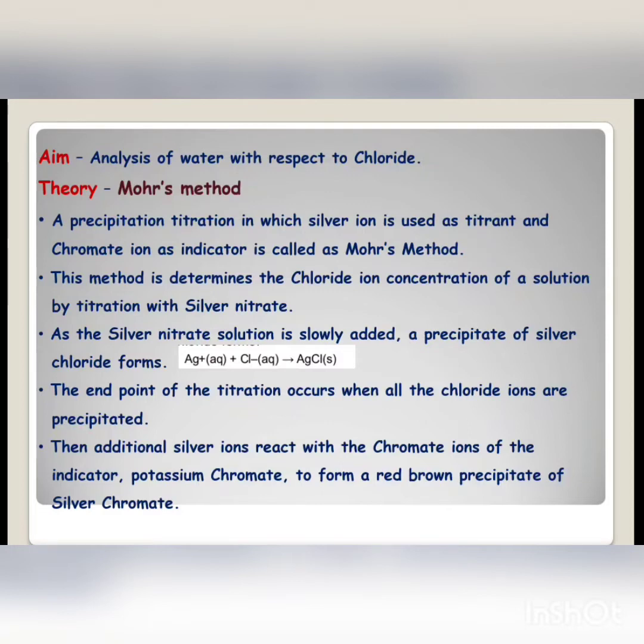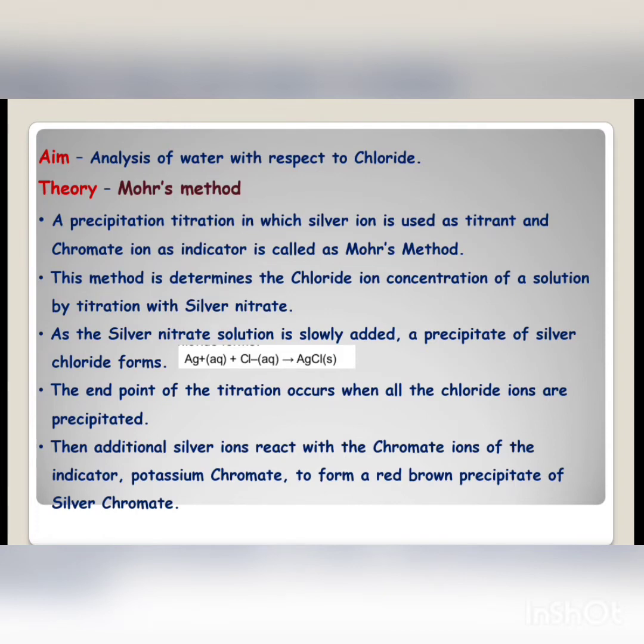Now silver nitrate we are going to use as the titrant, and potassium chromate we will use as an indicator. This method determines the chloride ion concentration of the solution by titration with silver nitrate.